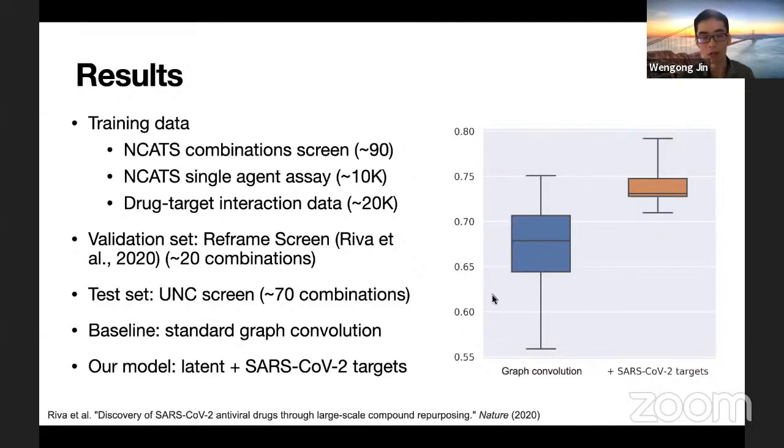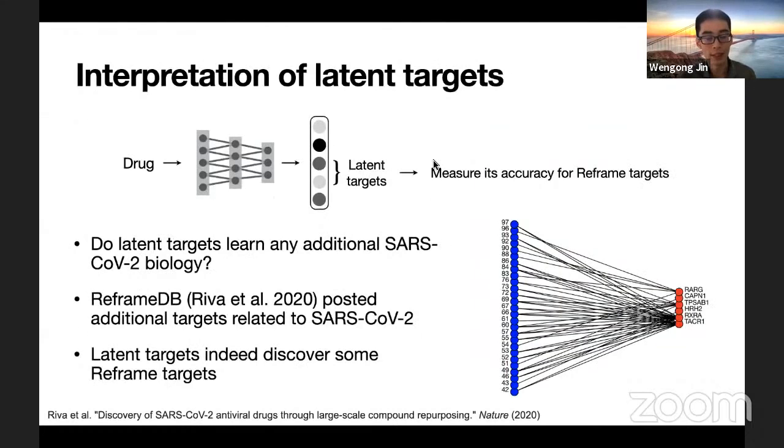standard graph convolutional models. Lastly, I just want to quickly describe whether the latent targets actually carry biological meaning. So here we did some simple analysis of whether these latent targets actually correspond to any real biological targets in the human body.